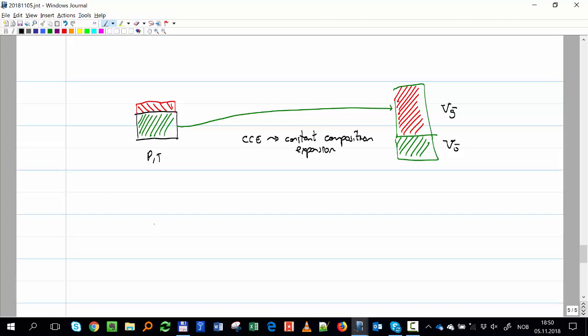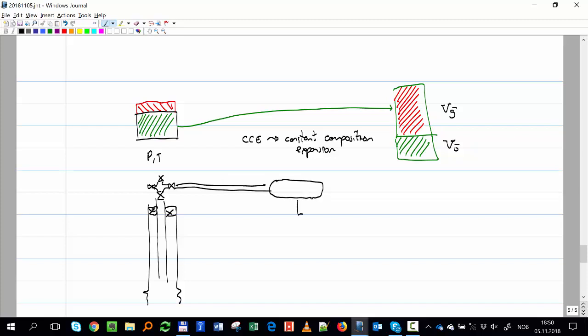In reality, if you see what you have in the field, I see a well here, and then I have the Christmas tree. Then I have my pipeline. So far, from here to here is all CCE. It's the same fluid, the same composition, until it reaches what?